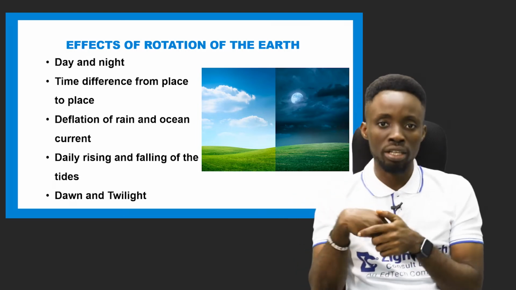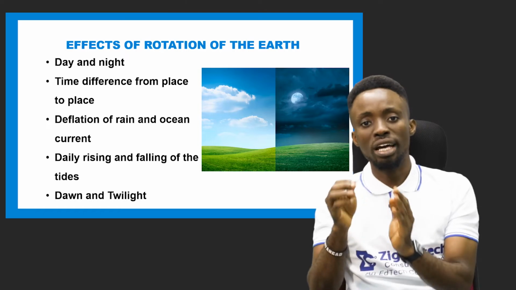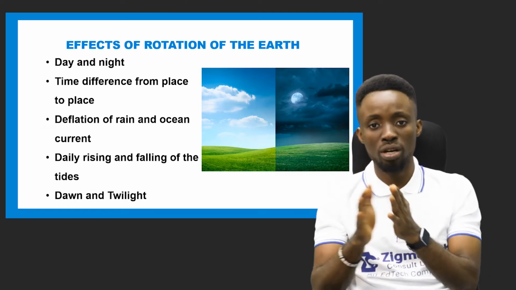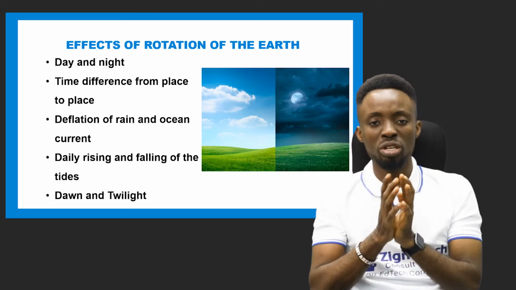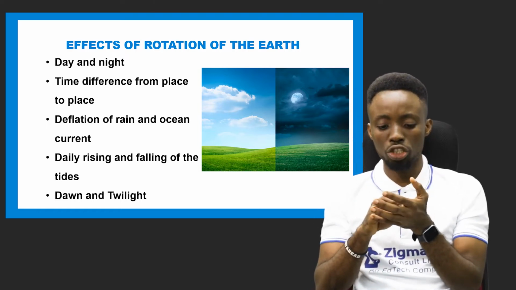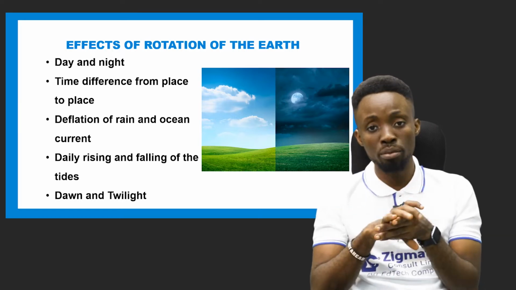And for the other 12 hours, the reverse happens for both sides of the Earth. That's why in a day, every side of the Earth experiences darkness and daylight in a space of 24 hours.